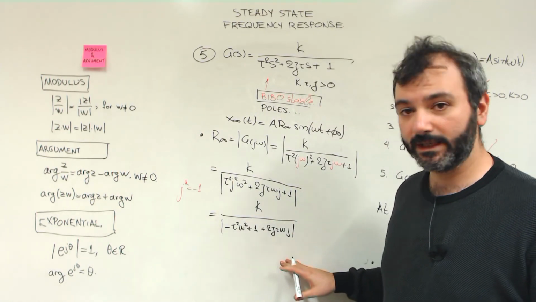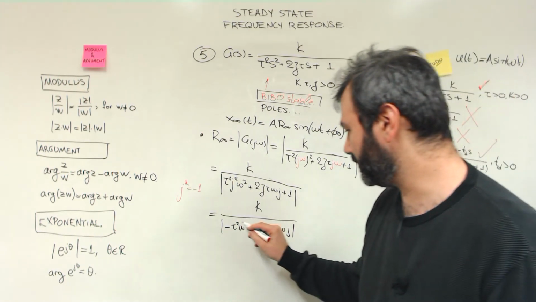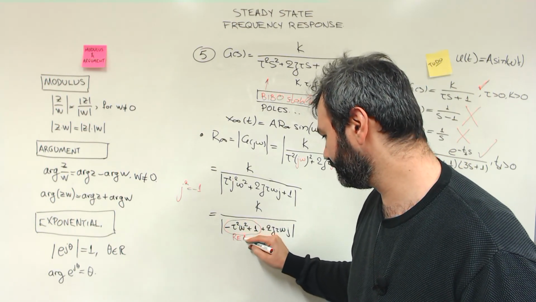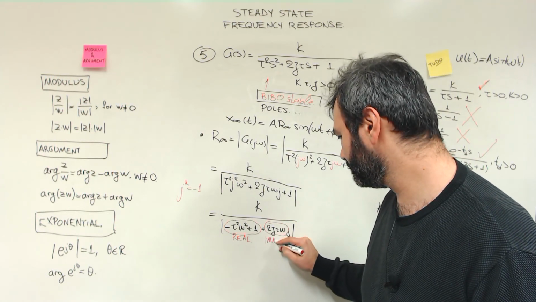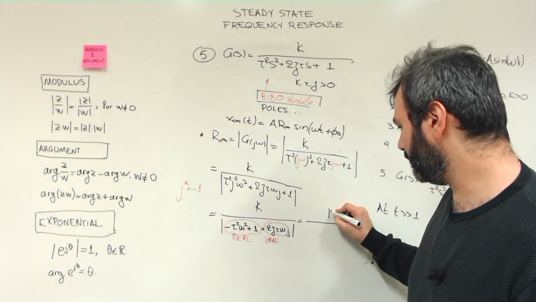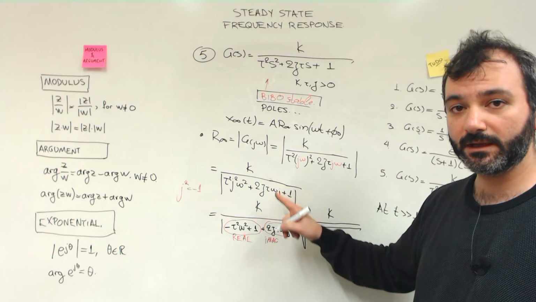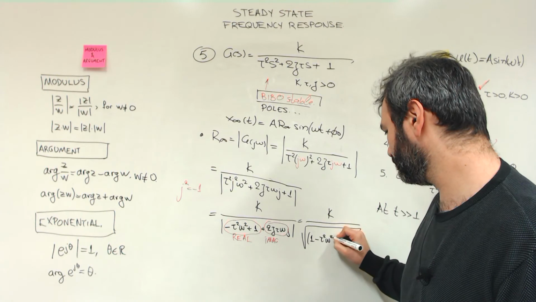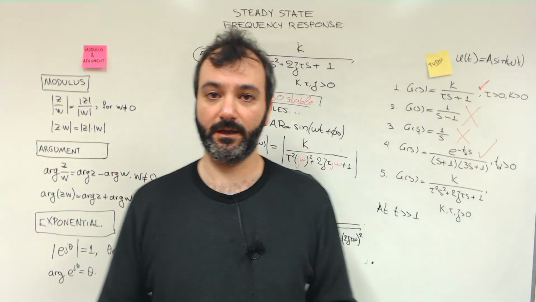Now, in the denominator, we have the modulus of a complex number, which has this real part and this imaginary part. So the modulus is given by the square root of the real part squared plus the imaginary part squared. And that is R infinity.